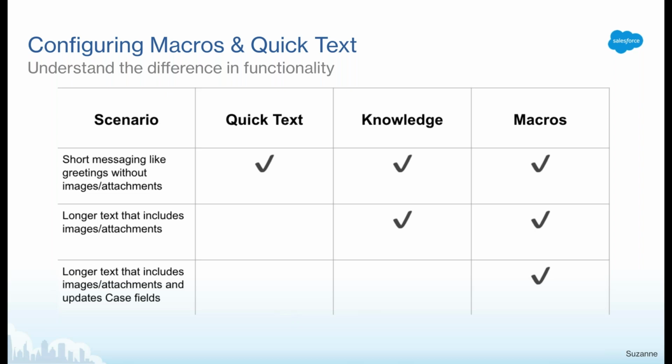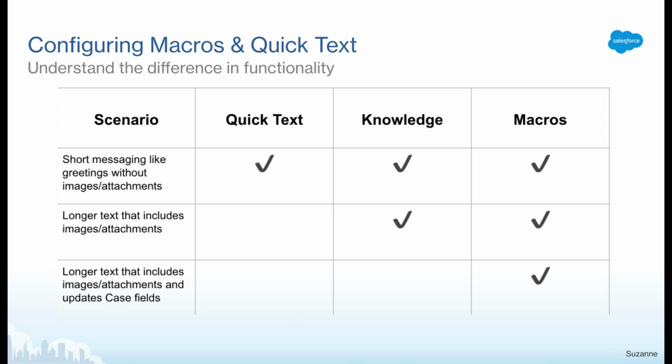So first up here is macros and quick text. We talked about the rules for automation. We talked about the service console in general. Some of the things that you most likely will need to reconfigure in Service Cloud would be canned responses in some way. You can represent canned replies in more than one way in Service Cloud.